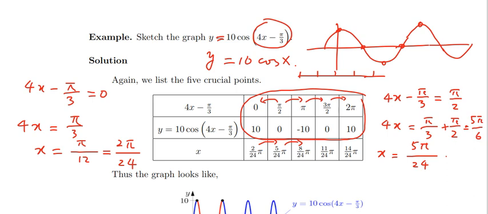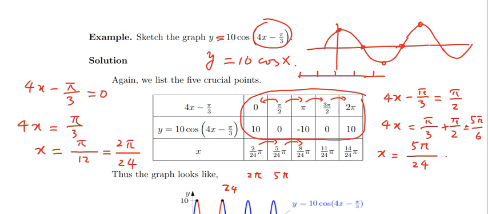So forgetting the 24, this is 2 pi. Then this is 5 pi. From 2 pi to 5 pi, it increases by 3 pi.